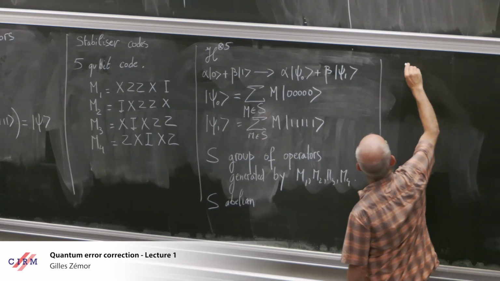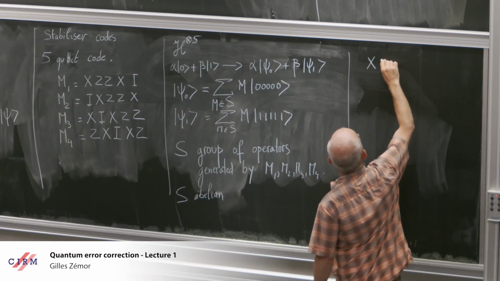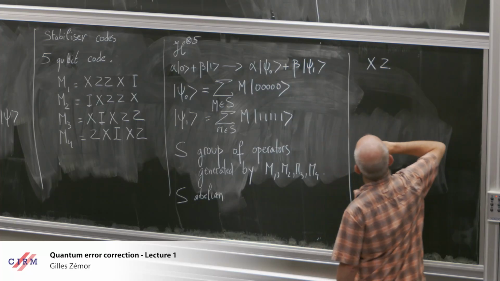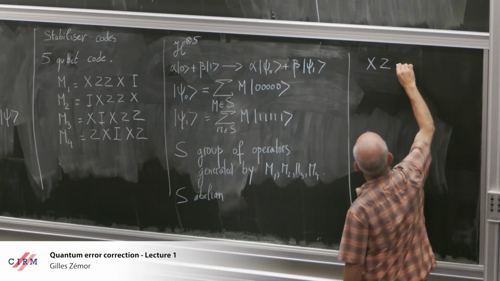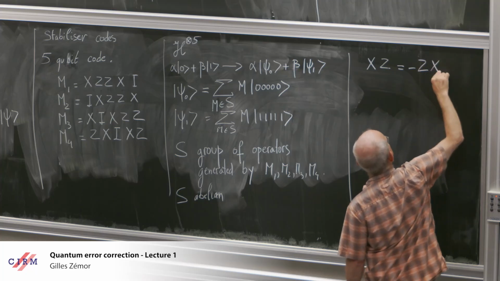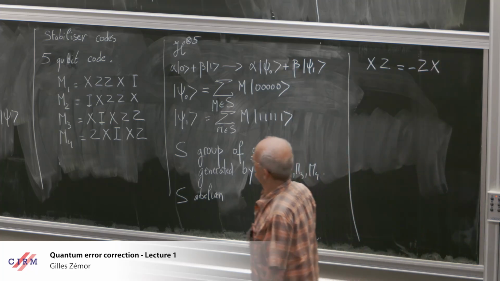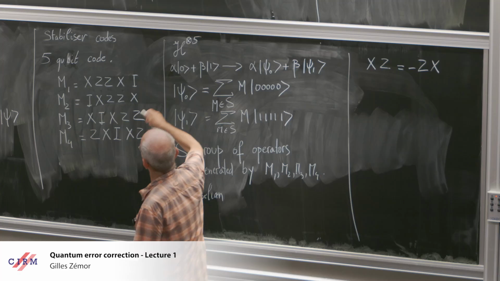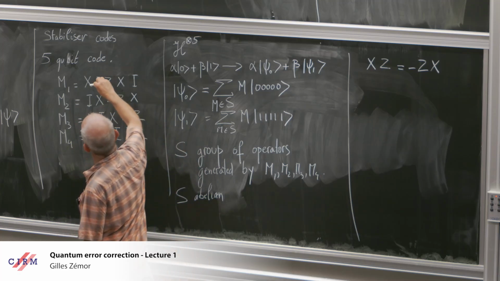So on 1 qubit, you may want to remember that X and Z anti-commute. X times Z is minus Z times X. And when you do this sort of thing simultaneously, you see that X commutes with identity.